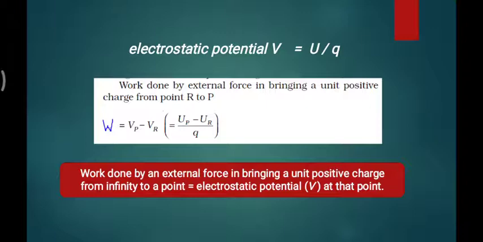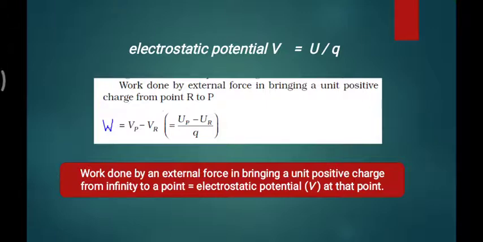Electrostatic potential is the work done by an external force. You are applying the force, so you are doing work on the system of charge, bringing the unit positive charge from infinite distance to the finite point. That is equal to the electrostatic potential at that point. Is it okay?